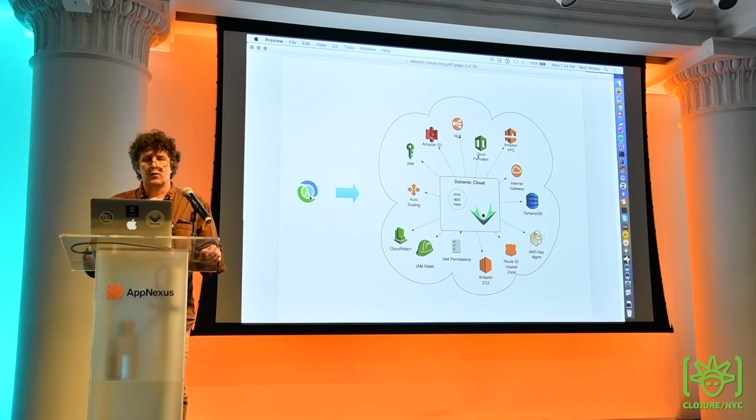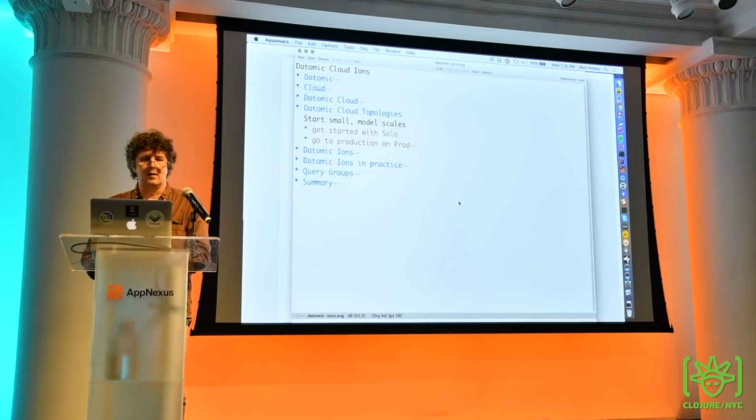So the idea behind Ions is if we could get your app to run on our nodes, you could sort of live in this nice nest that we made inside AWS and get a free ride and many other benefits. So that's the core idea behind Ions.